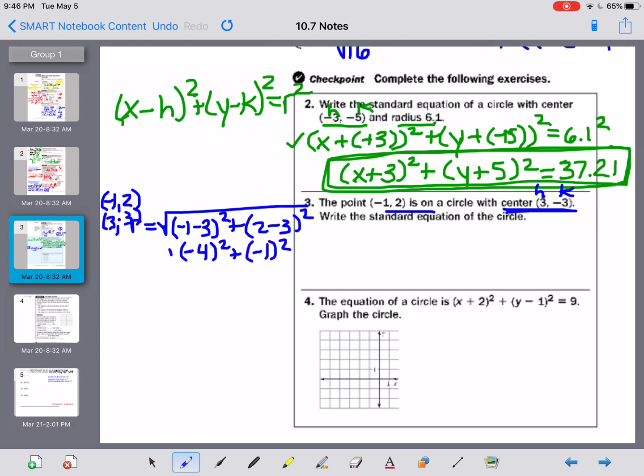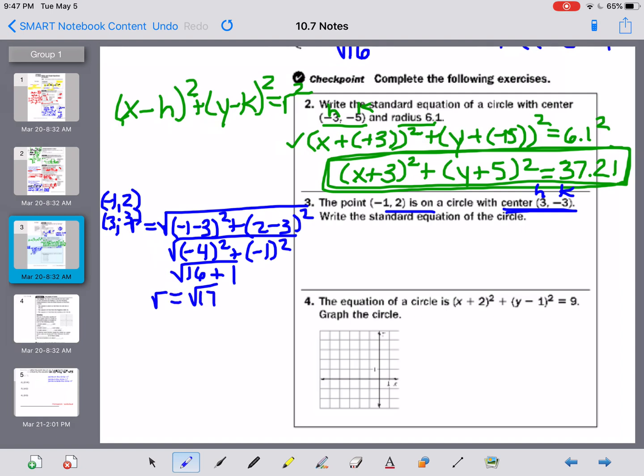Remember, when we square things, all the negatives go away because -4 times -4 is +16. -1 times -1 is +1. 16 plus 1 is the square root of 17. It looks ugly, but we're not too worried about it.